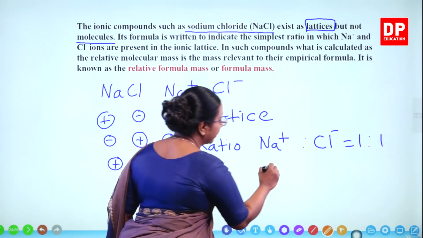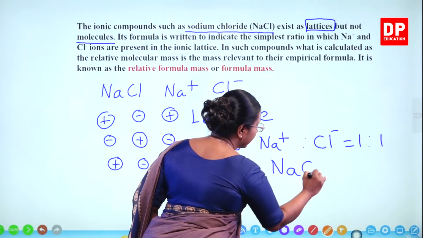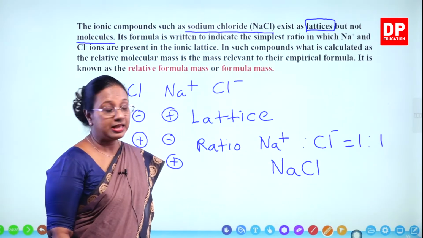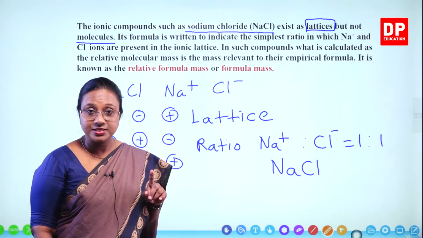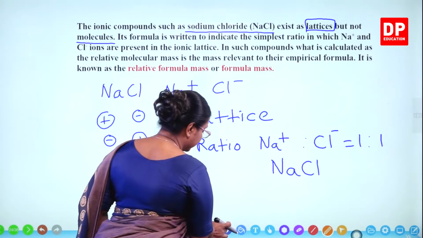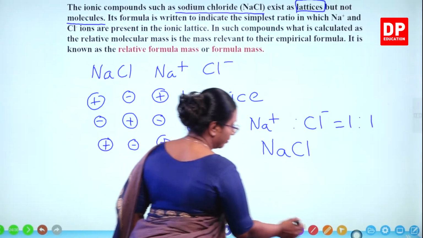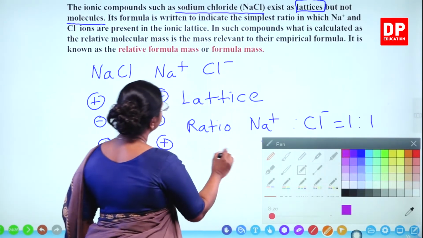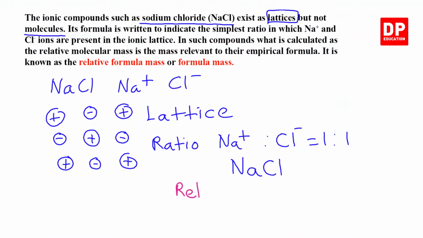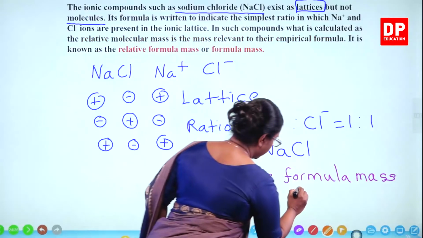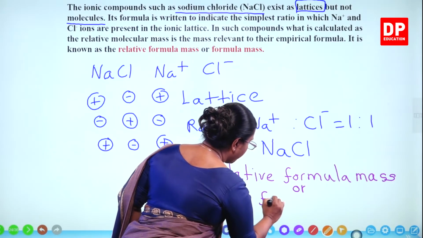So then we write the formula as NaCl. If we calculate the relative molecular mass for this, then we call it the relative formula mass, or formula mass.